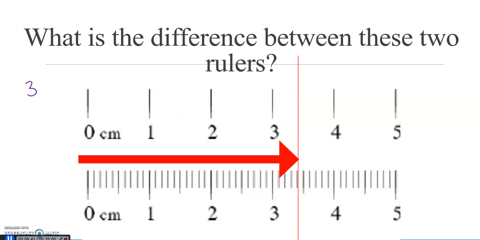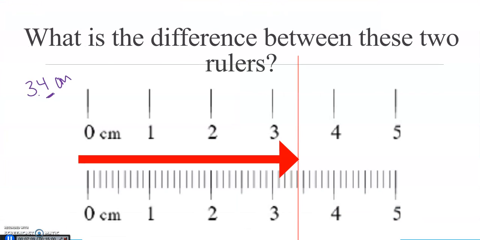So just looking at the top ruler, I'm going to estimate 3.4 centimeters, right? So that 0.4 I estimated. Moving down to the bottom, we read what the marks on the ruler give us. So it gives us, in that case, 3, and then we have the millimeters, so 3 centimeters and 4 millimeters.